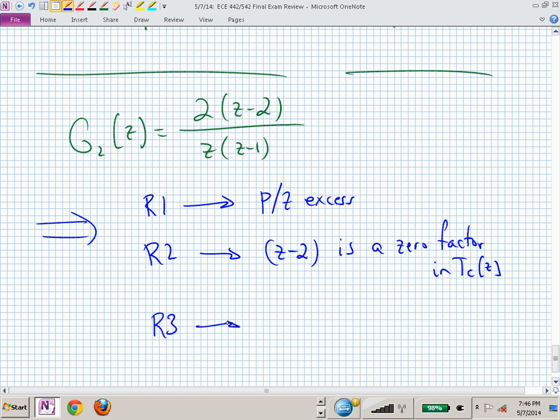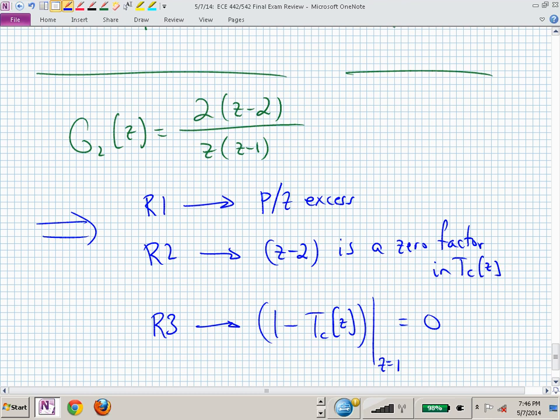We do have restriction 3, don't we? Because we have an unstable pole. So now we need the quantity 1 minus T sub C of Z evaluated at Z equal to 1. We want that to be equal to 0. We need that numerator expression to have a 0 at Z equal 1.